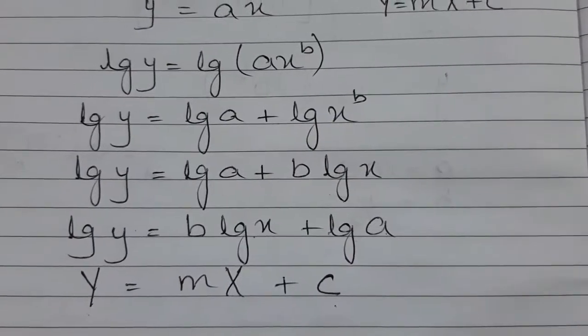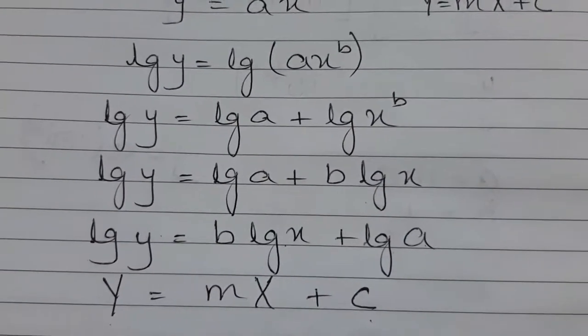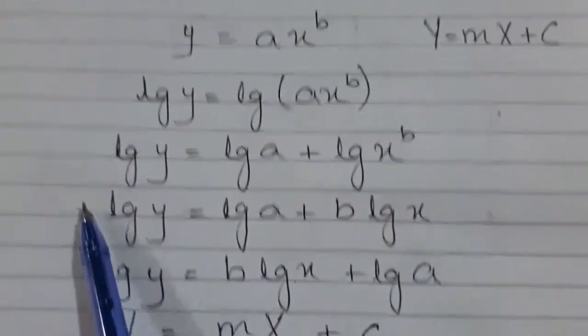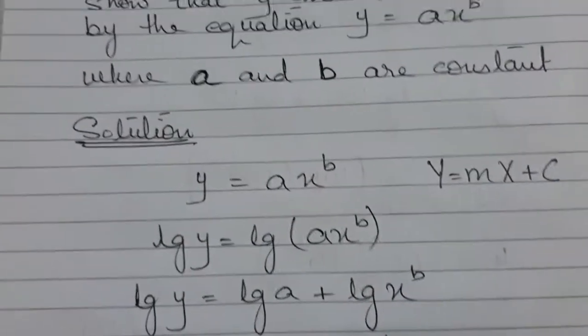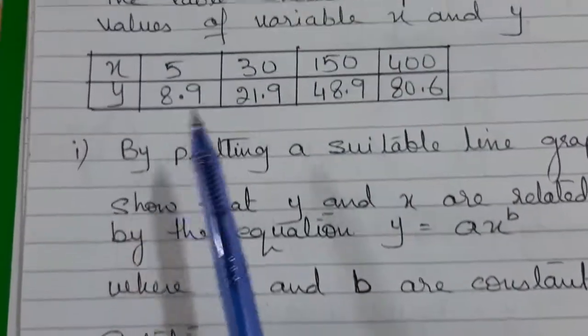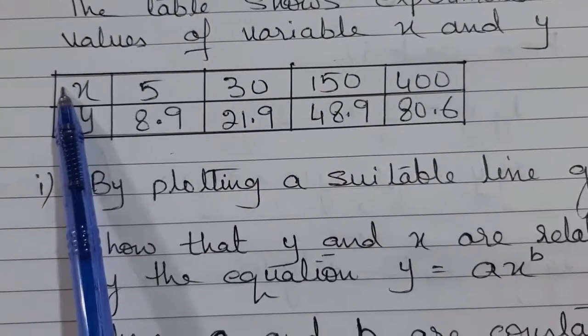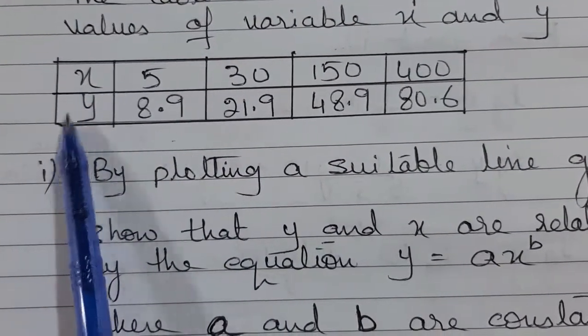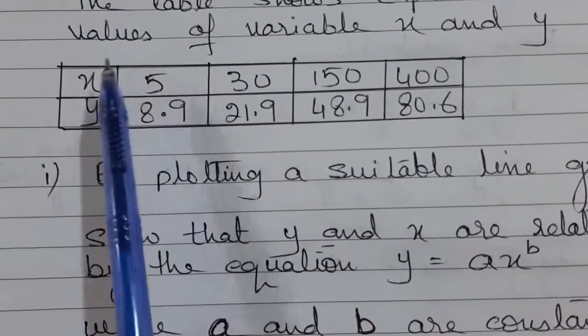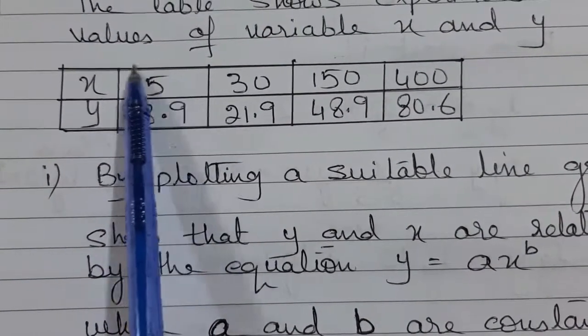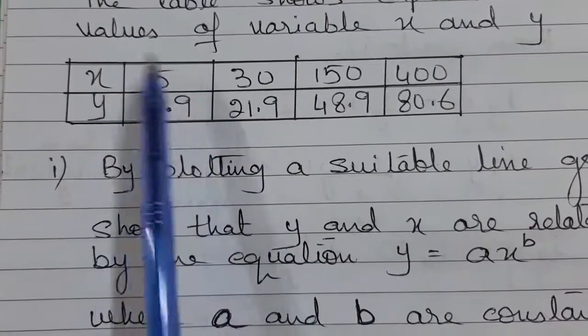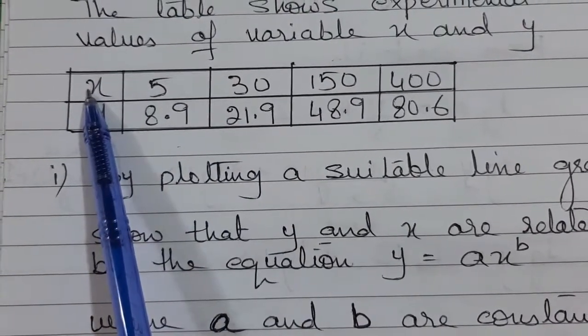So now I will make a new table which will have lg x and lg y, and I will use these points. To find out this value, what will I do? lg 5. Whatever the answer will be, I will write here, because now I will have lg x here.